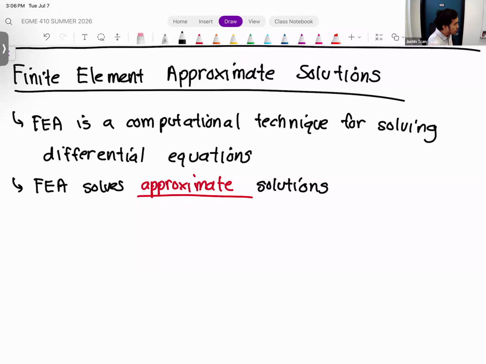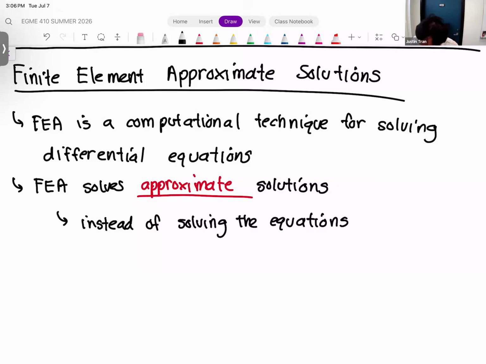But that term approximate also means that we're going to change our approach. The way that FEA actually solves the differential equations is quite interesting, and it's a very different approach from some of the problems you've probably done in your previous classes.